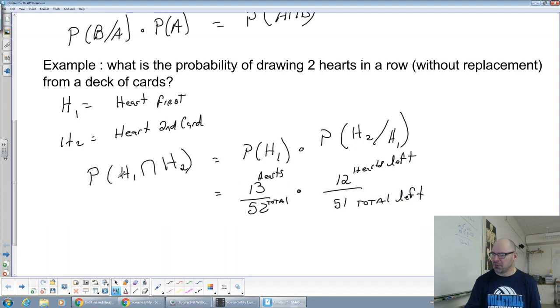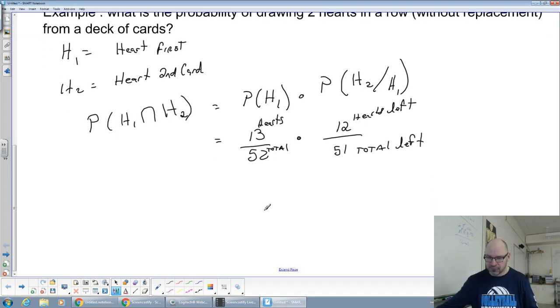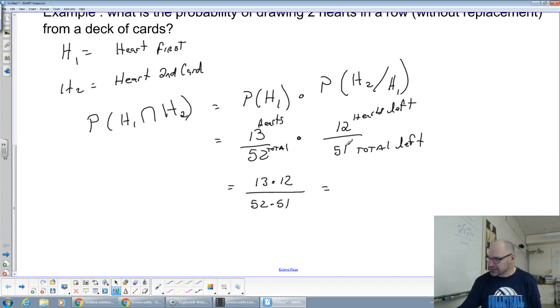So the probability of getting a heart on the first and second draw is going to be the product of those two. So we take our calculator out, we go 12 times 13 over 52 times 51. Okay, 12 times 13, that's 156.